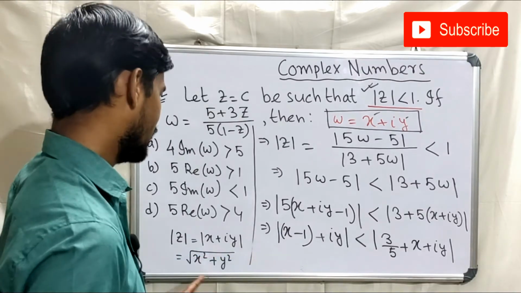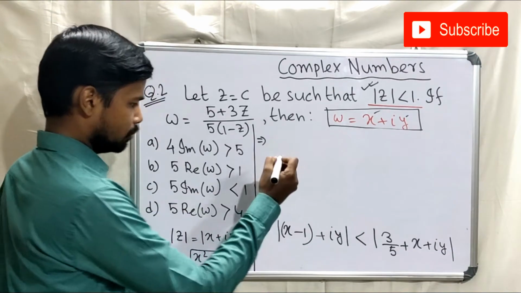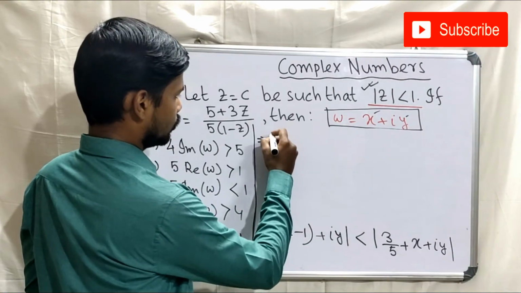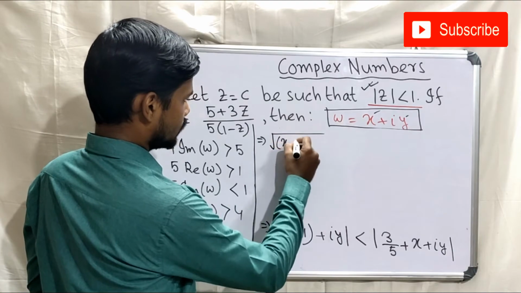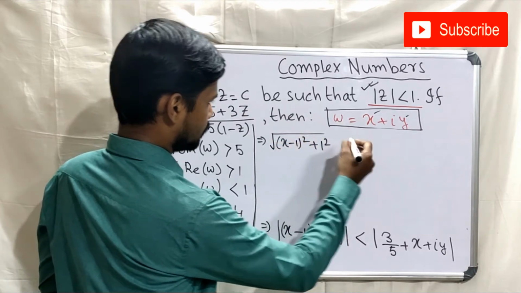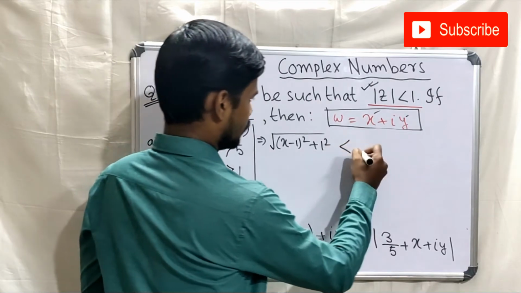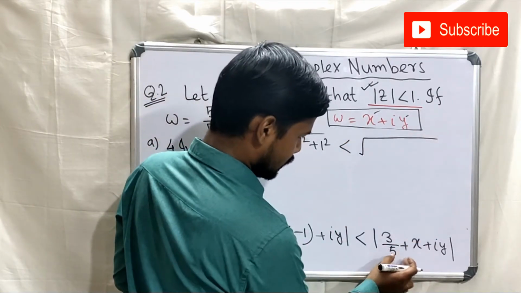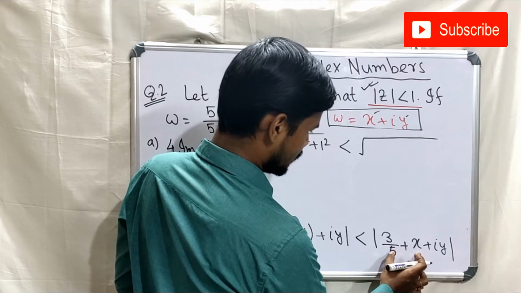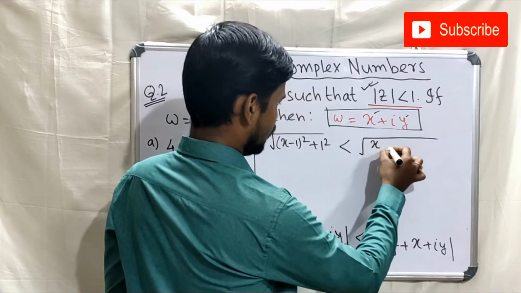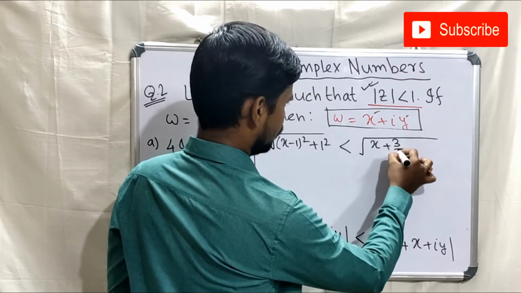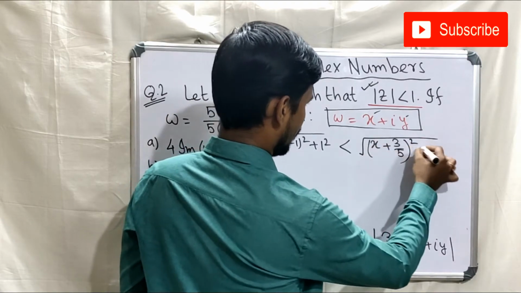Now we are going to apply this concept. This implies root under (x minus 1) whole square plus y square is less than root under (x plus 3 by 5) whole square plus y square. Here the imaginary part is y and the real part is x plus 3 by 5.